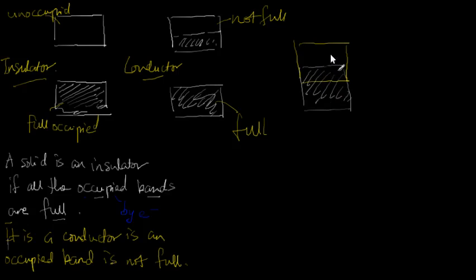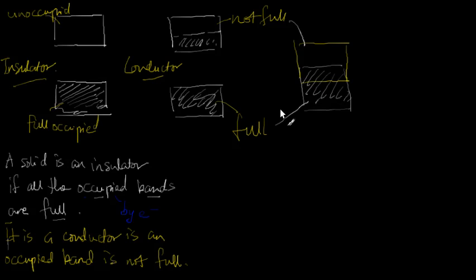So in that sense, the upper band is not full, but the lower band is full. So that's another possible arrangement that can happen in a solid. Band structures are really complicated things. So I just show both pictures as possibilities, and both can be conductors.